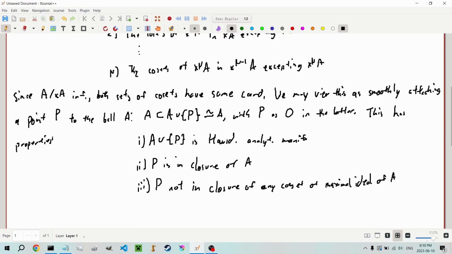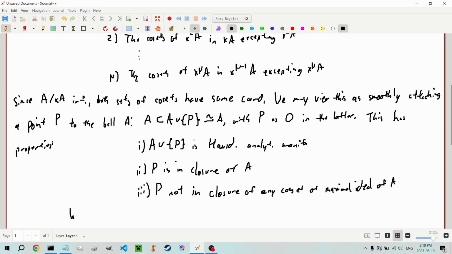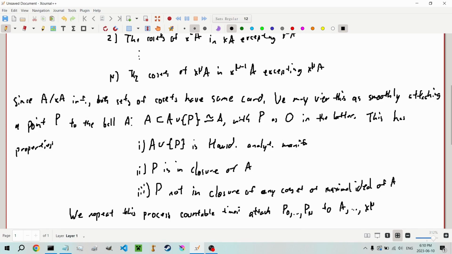Now we repeat this process countably many times. So we can attach P0 through P mu to alpha through x to mu times alpha.